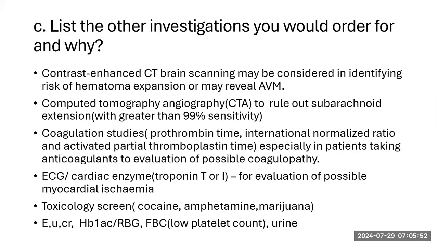I want to also do toxicology screening to detect the etiology of hemorrhagic stroke, such as use of cocaine, amphetamine and marijuana. Also, auxiliary investigations to rule out comorbidity or complications, such as glycated hemoglobin to rule out diabetes mellitus, full blood count to know whether there is a low platelet count, which could be responsible for bleeding, then electrolytes, urea and creatinine to rule out other complications.